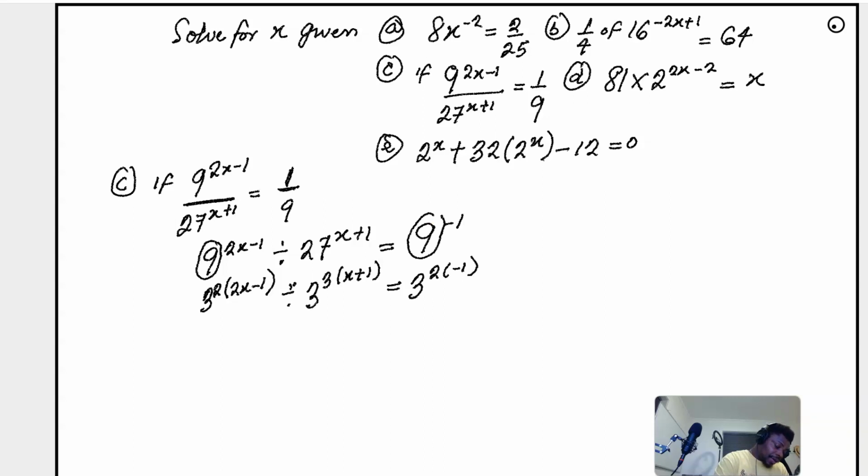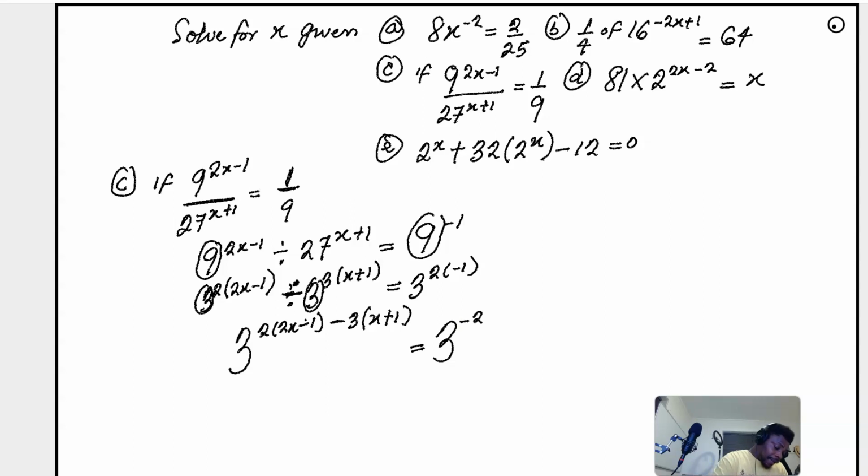So here you have base 3, and you are dividing. So remember, you maintain one of the base and you add the powers. So this is 2 bracket 2x plus minus 1. Division is now minus. So 3 bracket x plus 1 is equal to 3 raised power minus 2.